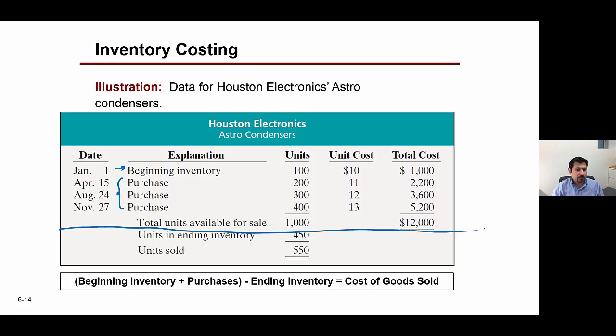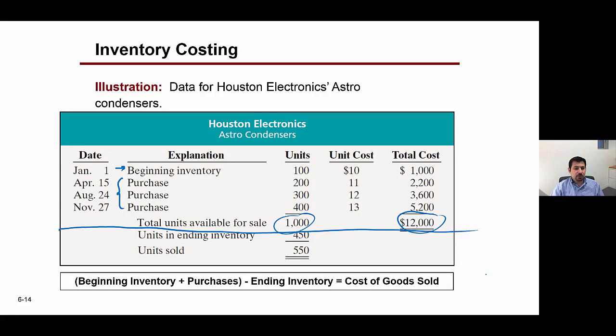This is simply because you have the beginning inventory from the end of last year's balance sheet, and then the purchases, you can get these numbers from your purchase invoices. So that would give you the total number of units available and the total cost of these units that are available for sale.